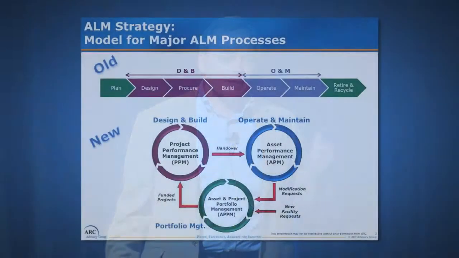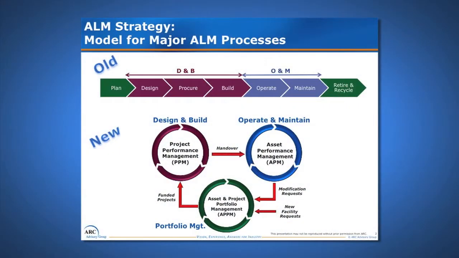So we came up with this other model that talks about the entire life cycle, and then there's a feedback, and you have a lot of upgrades and refurbishments that go on, which better represents this iterative improvement of a plant or a facility or an asset. It starts off with the design and build side, so it's more project-oriented.